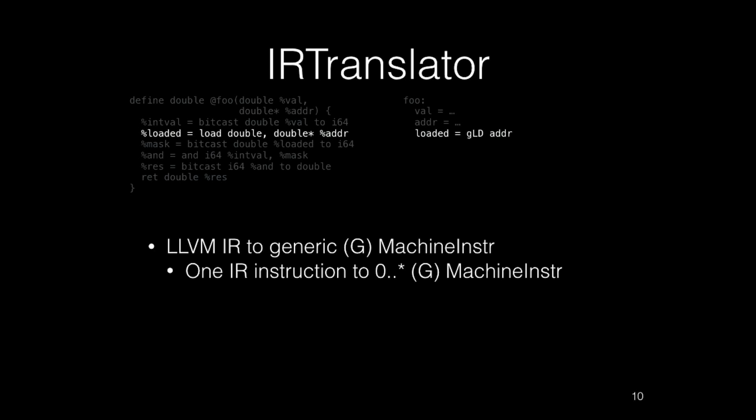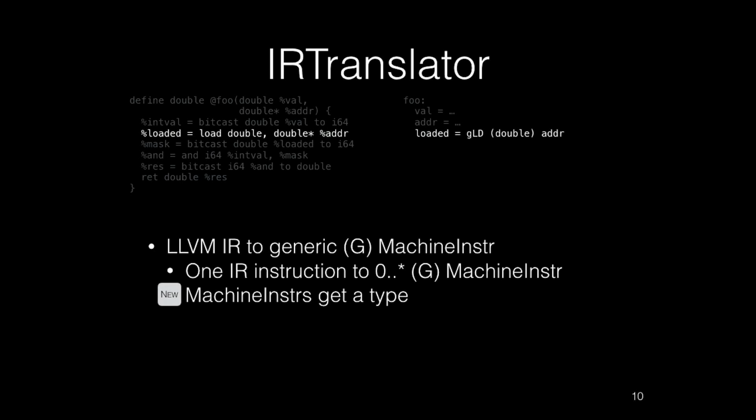But here we want to represent everything that LLVM IR can cover, which is basically anything you could represent with extended value type, and this set is infinite. So it won't scale to create an opcode for each possible type. What we do instead is put a type on the machine instr.